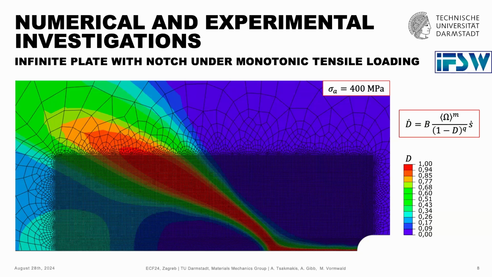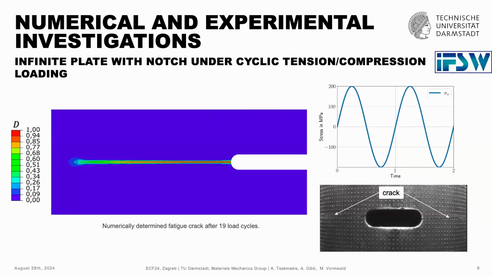So essentially at the beginning, the influence of the driving force is stronger in this case. At some point, the influence of the plastic deformation within this model takes over and a branching of the crack is modeled. Accordingly, if we apply now again tensile stresses, but in a cyclic manner, we will see a completely different picture, because within each cycle, the amount of plastic deformation is now very small.